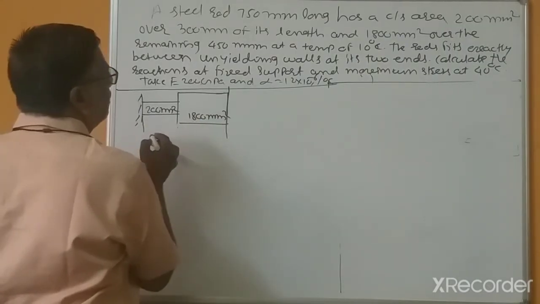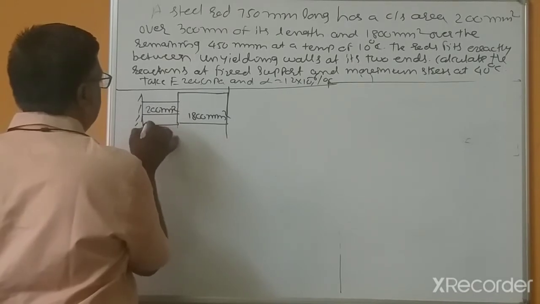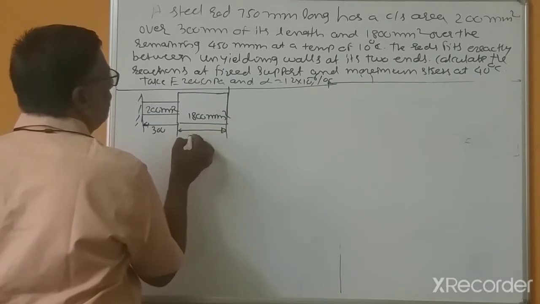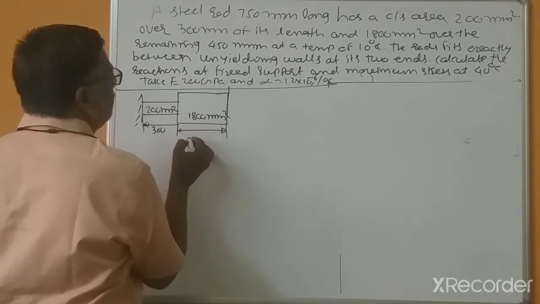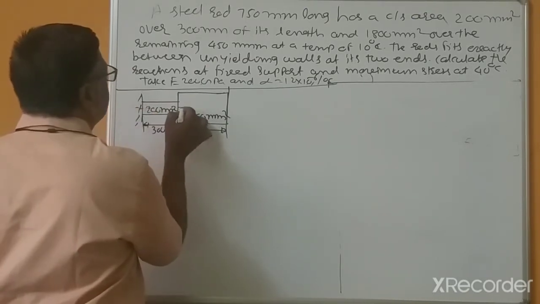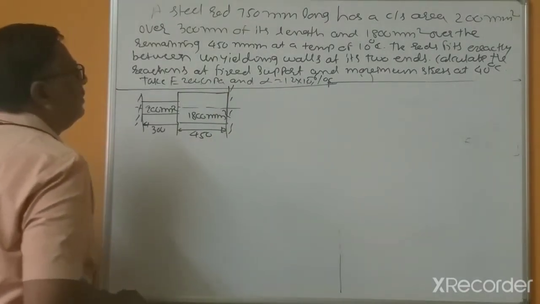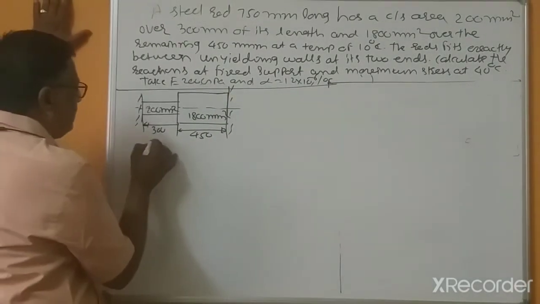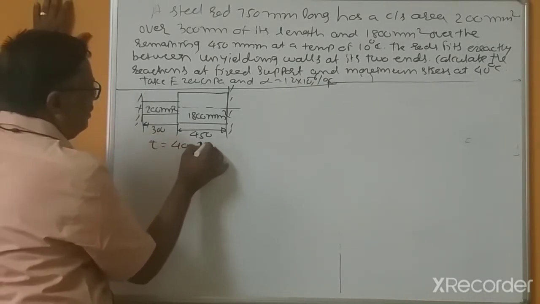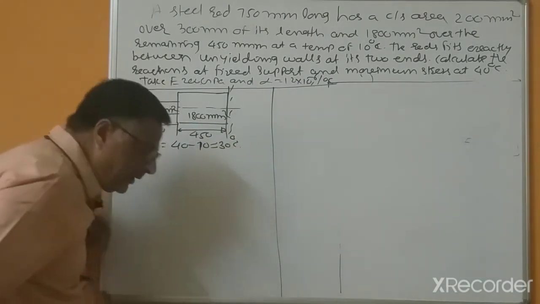This length is 300 mm and this is 450. This is fixed. Rise in temperature, T equal to 40 minus 10 equal to 30 degrees centigrade.